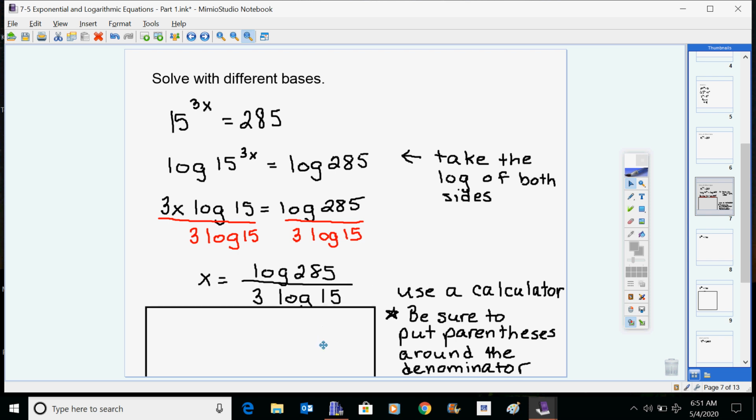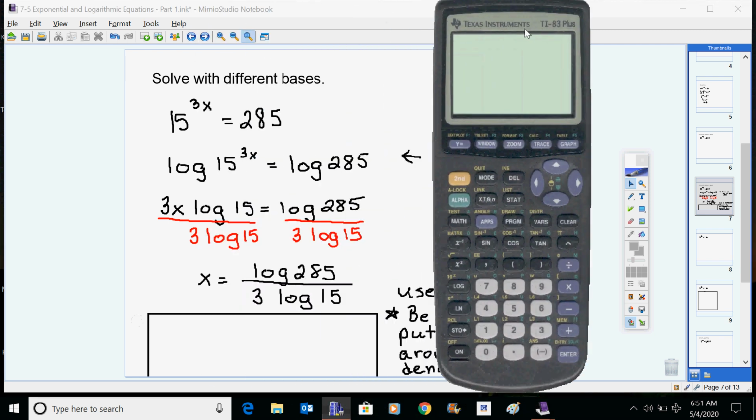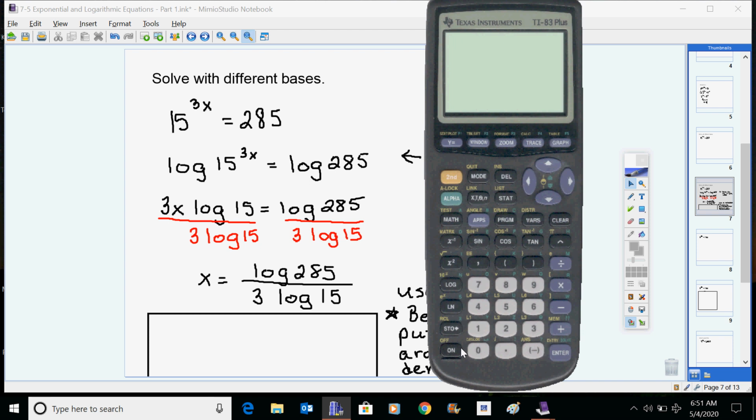Then it's a matter of taking this answer you got and putting it into the calculator carefully. Okay, well, let's see. What do I mean by carefully? What I mean by carefully is that your calculator will always use order of operations. So if you don't remember to encase the denominator in parentheses, it's going to give you an incorrect answer.